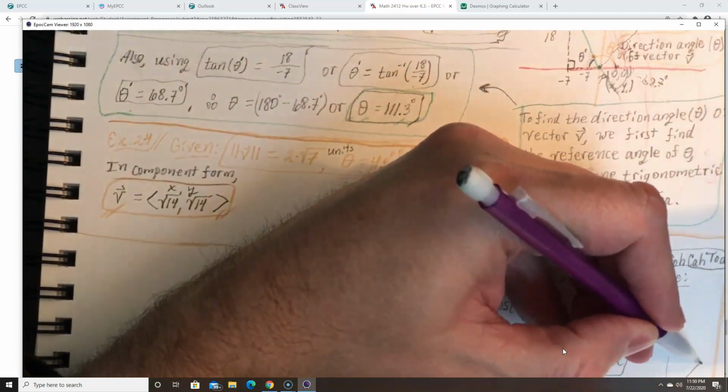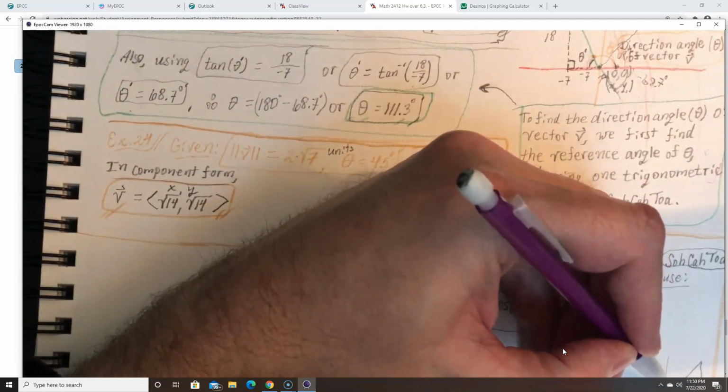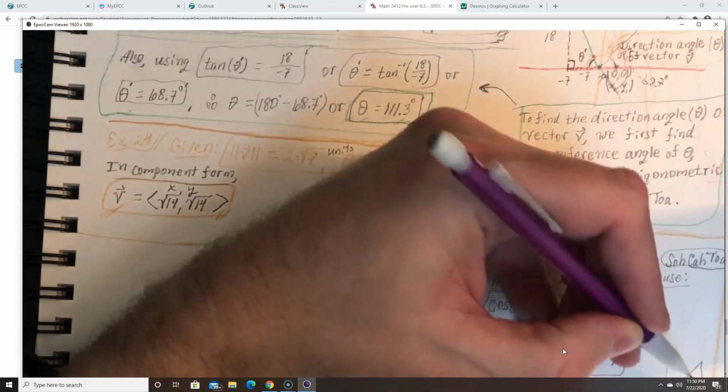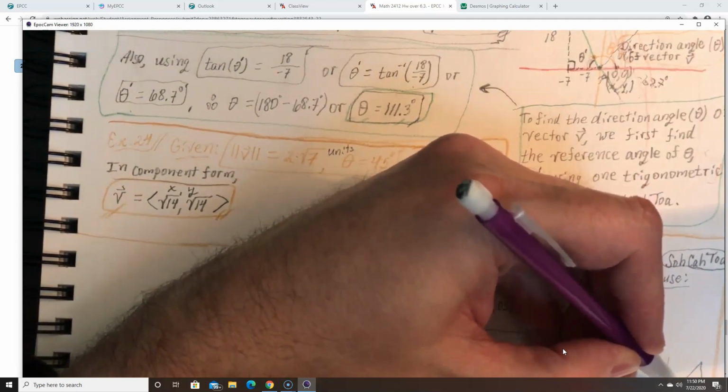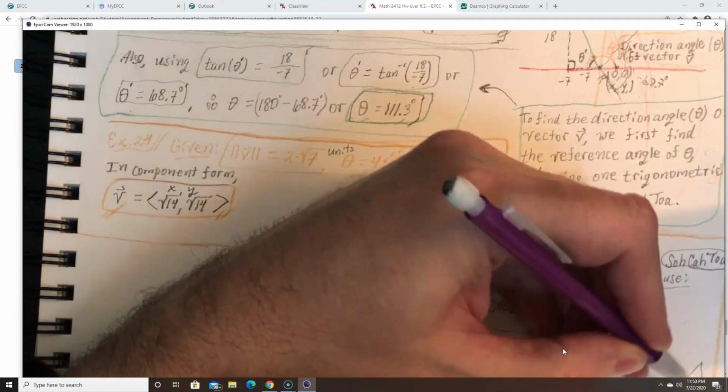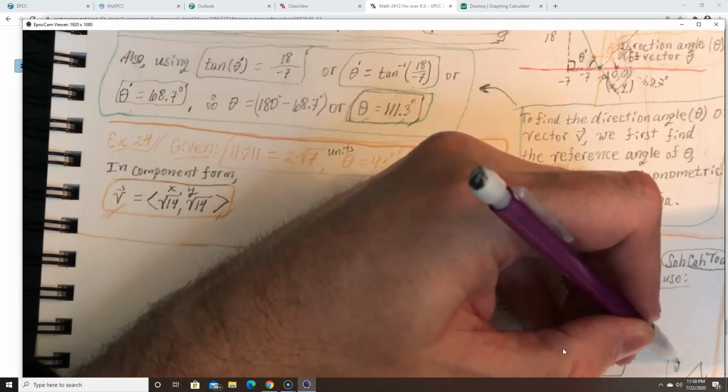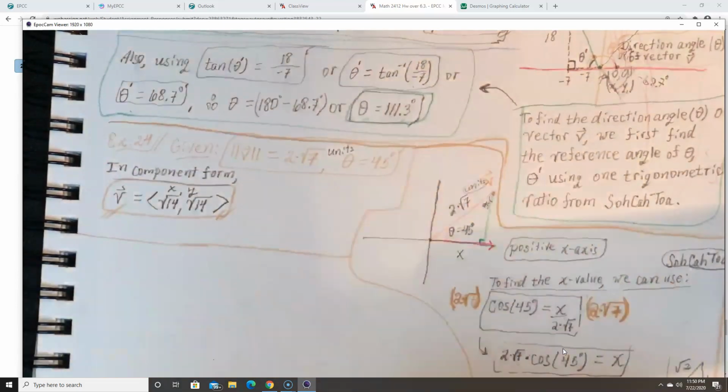Like our first day of this semester, or the second day, I don't remember, we said we could use these famous numbers instead of using any bigger numbers.